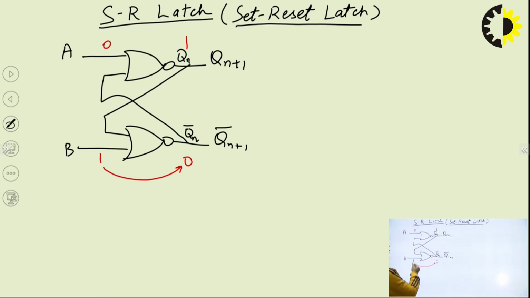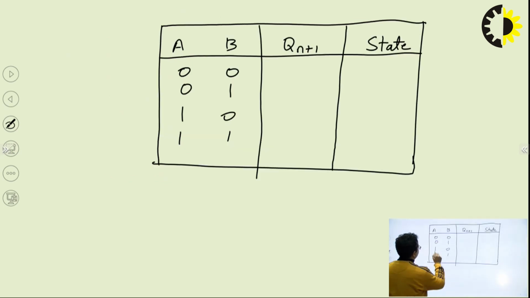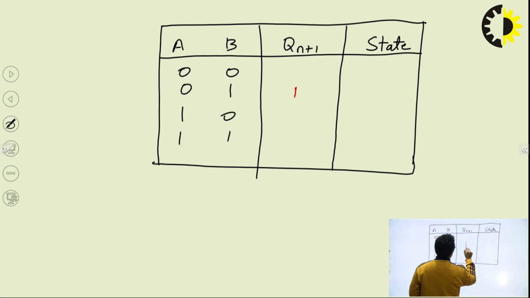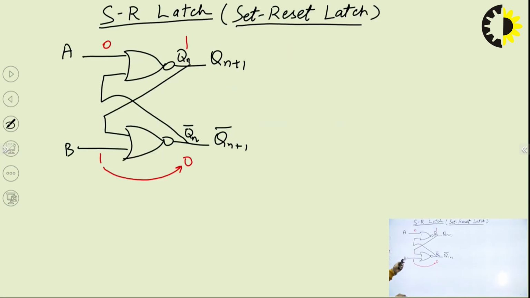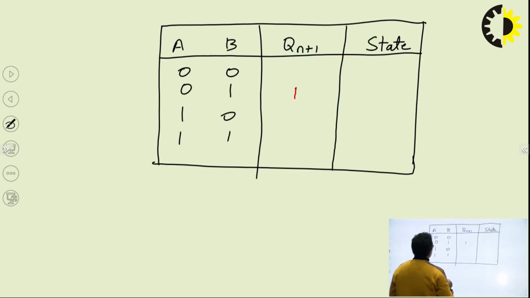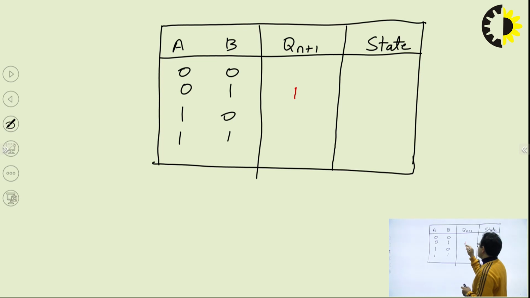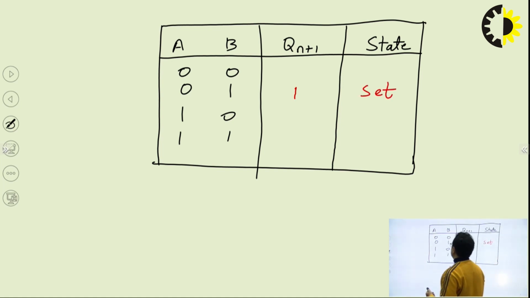So for combination 0, 1, my output is 1. So this is the first combination for which I got the value. Now this Qn plus 1, I am getting the present normal output value as a 1. So that state is called as a set state.